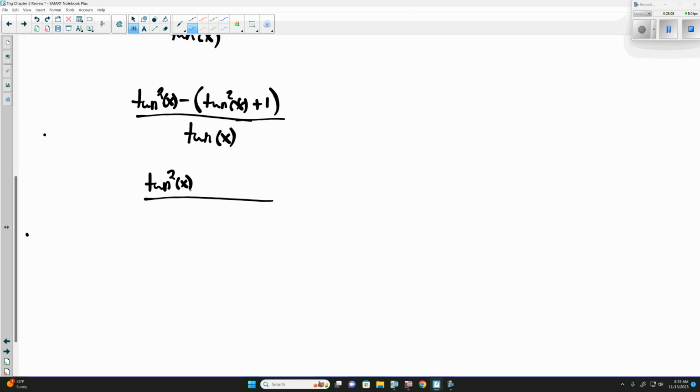Because if we distribute that negative, we get this here. Tangent squared of x minus tangent squared of x is 0, giving us negative 1 over tangent of x.